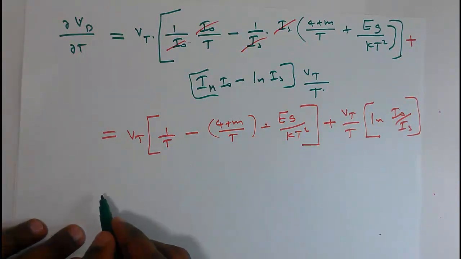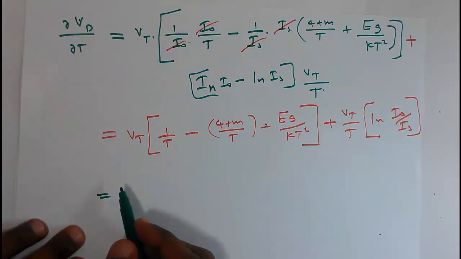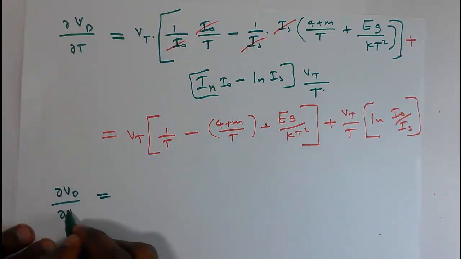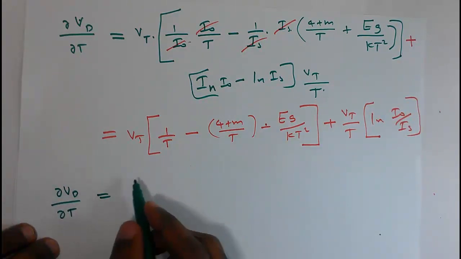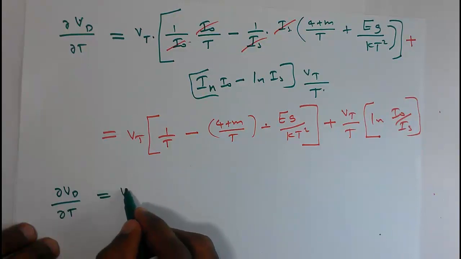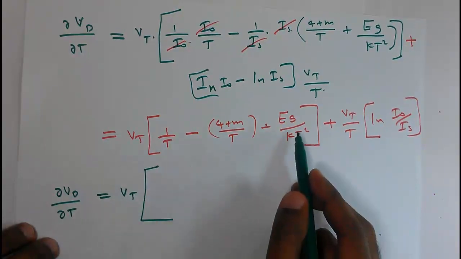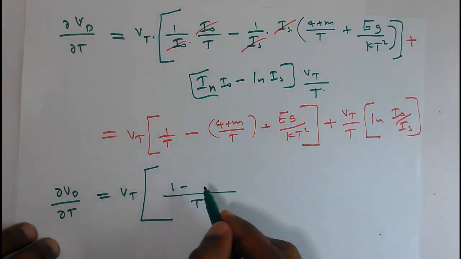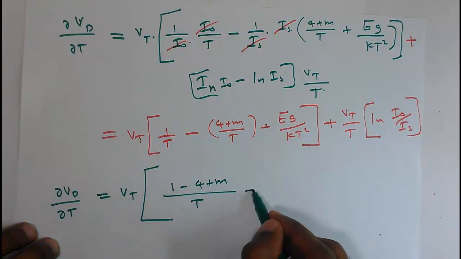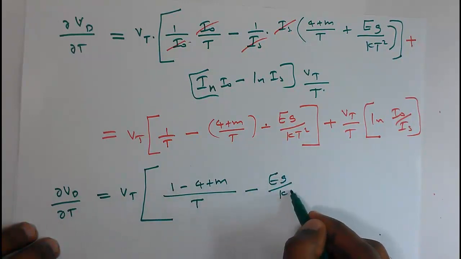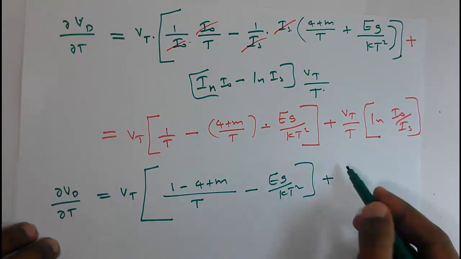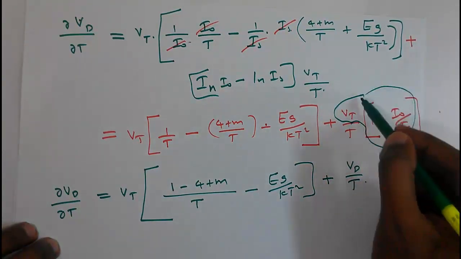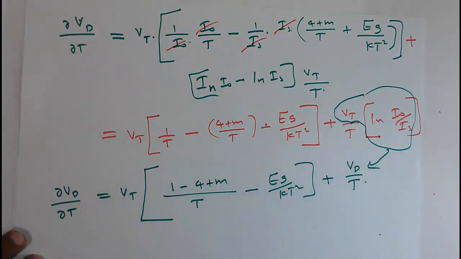So now we can write dou Vd by dou T is equal to Vt into, here I am taking T as a common, so 1 minus 4 plus m minus Eg by kT square, plus Vd by T, because Vt into ln I0 by Is we replaced with Vd.